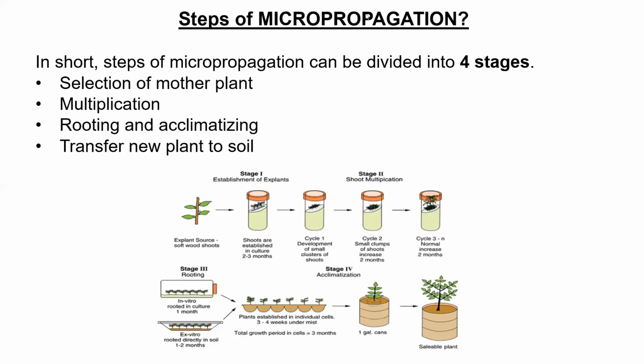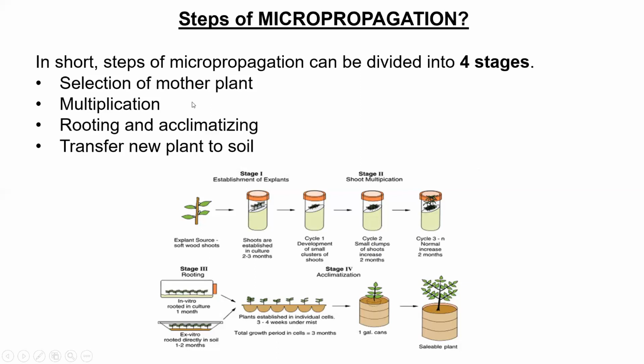Normally we take the apical meristems because they are disease-free, with very few viruses and bacteria inside them. Multiplication. The multiplication step is also very important. So when you have the explant cut from the parent plant, for example, here you can see the explant is cut.